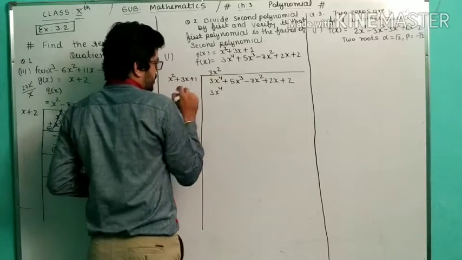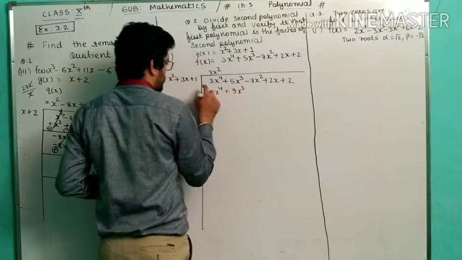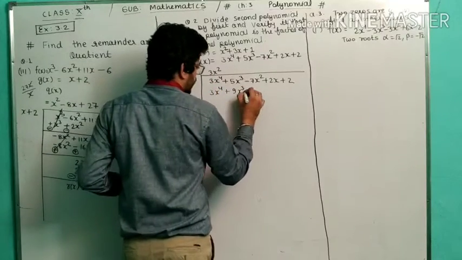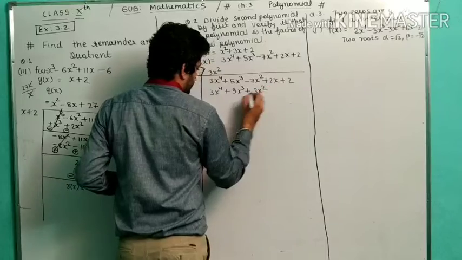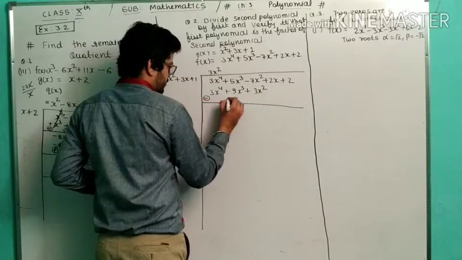Now this 3x square is multiplied with these terms: 3x square into x square gives 3x to the power 4, 3 into 3 is 9x cube, so plus 9x cube, and so on. Now the third step is to change the sign.